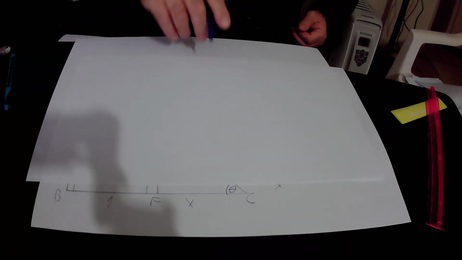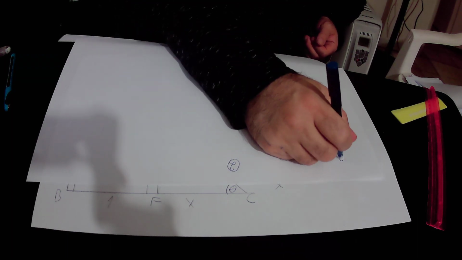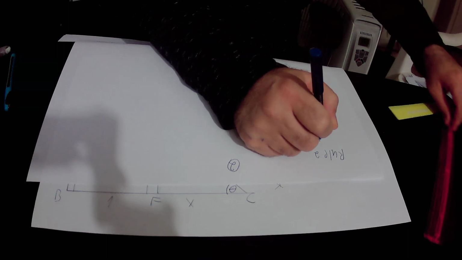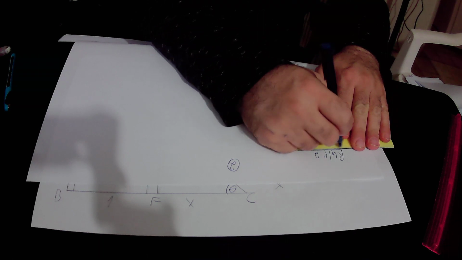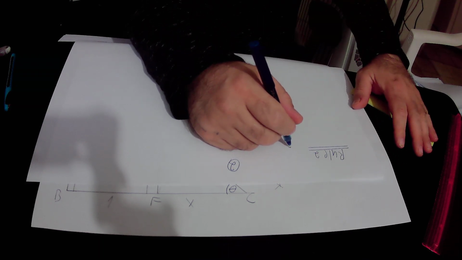According to rule number 2, the sum of the angles on one side of a straight line is equal to 180 degrees. I will write it down.